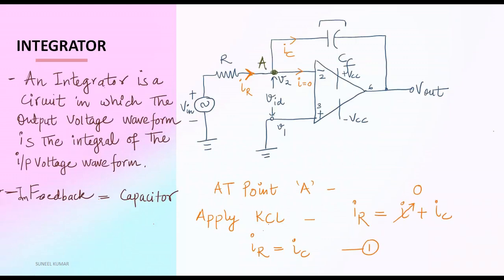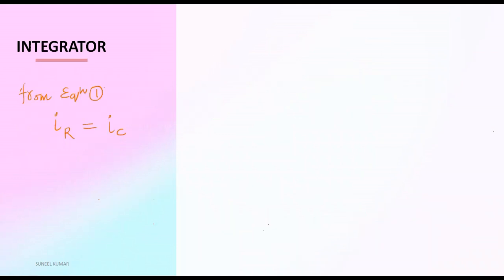IR is basically the input minus the voltage V2, divided by the resistance R. So we can write Vin minus V2 divided by R. That will be the value of IR. And what about IC?